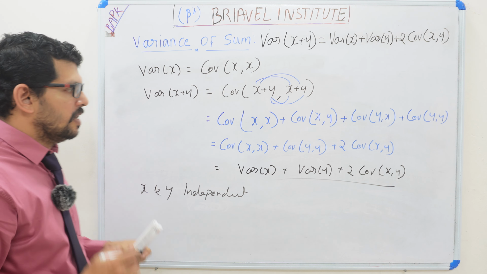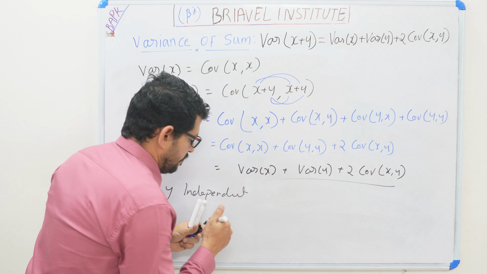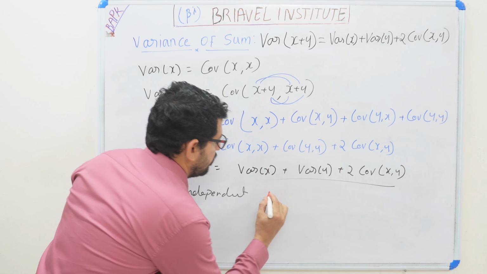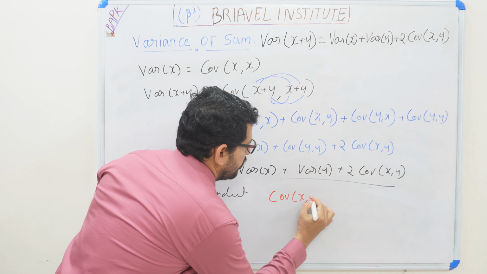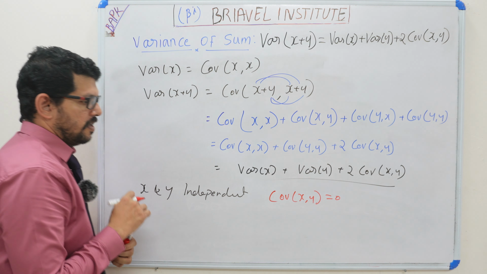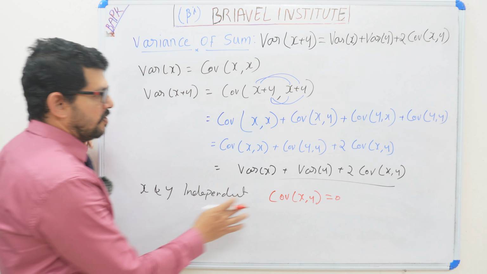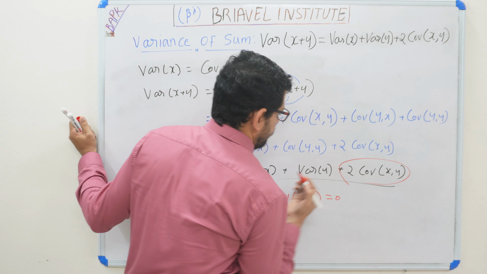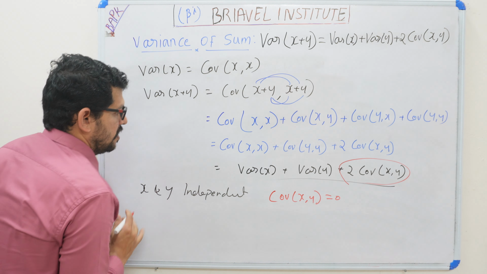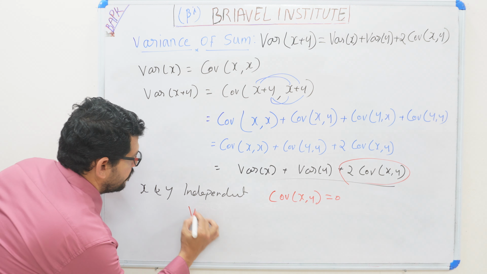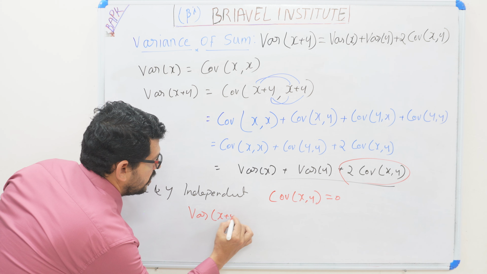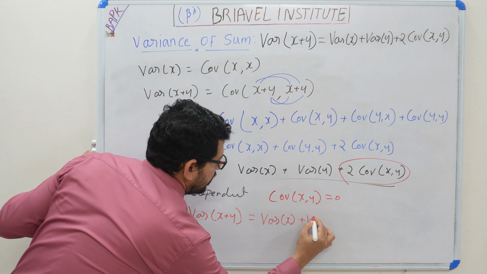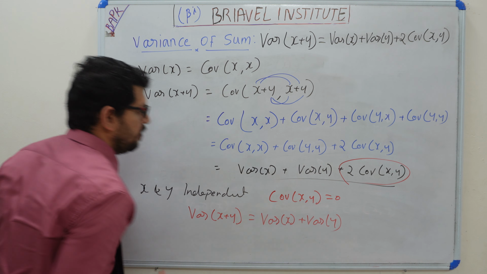Then what will happen? X and y are independent means covariance of x comma y is equal to 0. So this term becomes 0. So if x and y are independent, we can write variance of x plus y equal to variance of x plus variance of y.